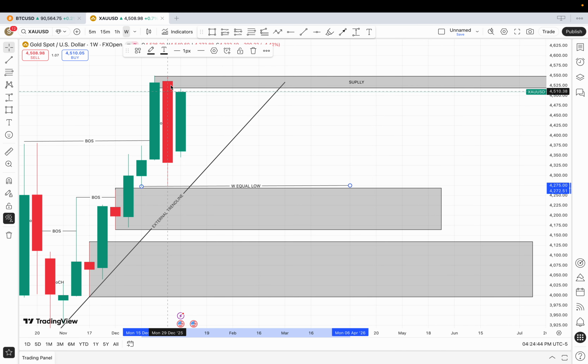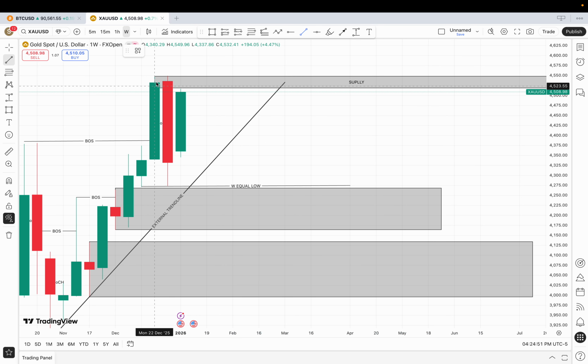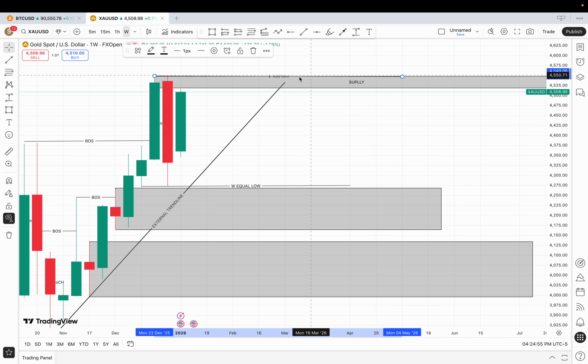And what we have here is also a weekly equal high.